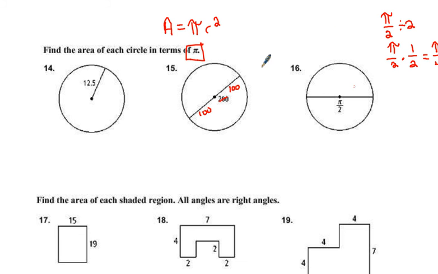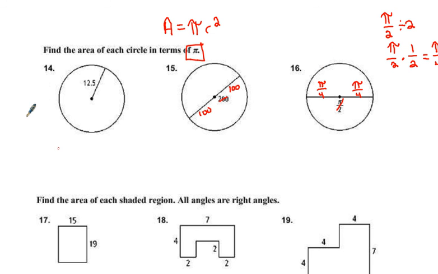That's the math behind that. So our radius would be pi over 4. Before you do any area formula, you have to find that radius. You cannot do it with diameter on these problems. The area formula doesn't work with diameter.